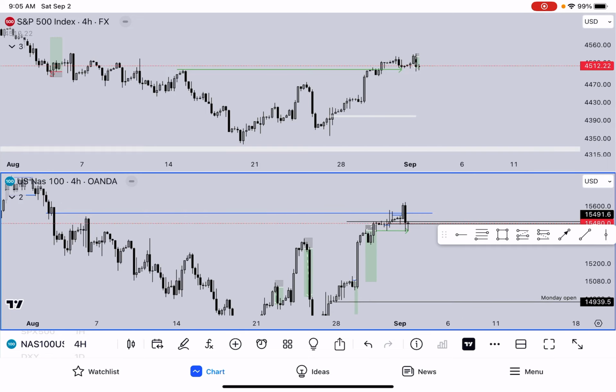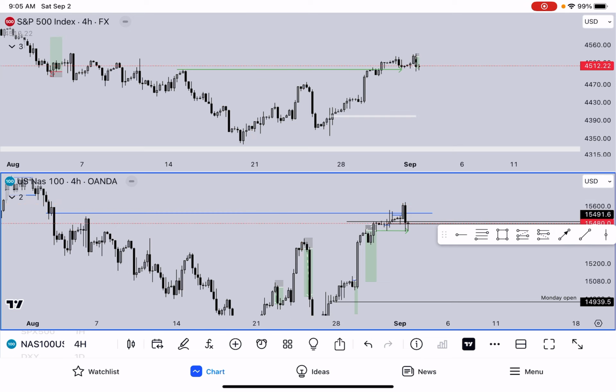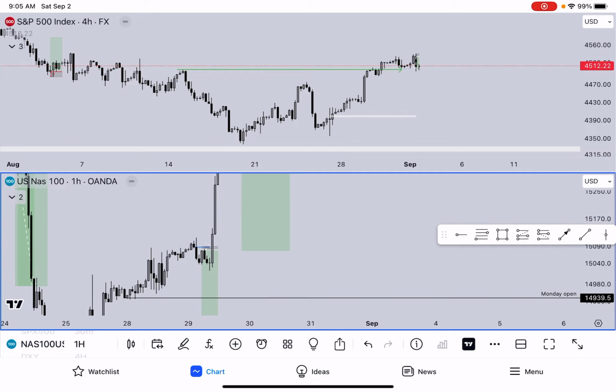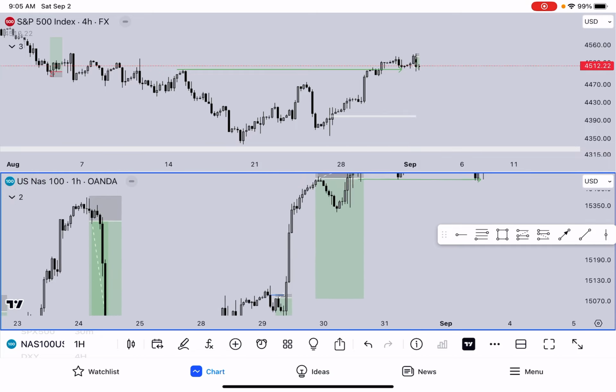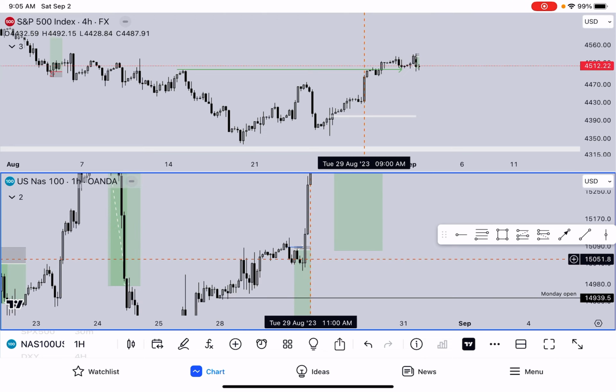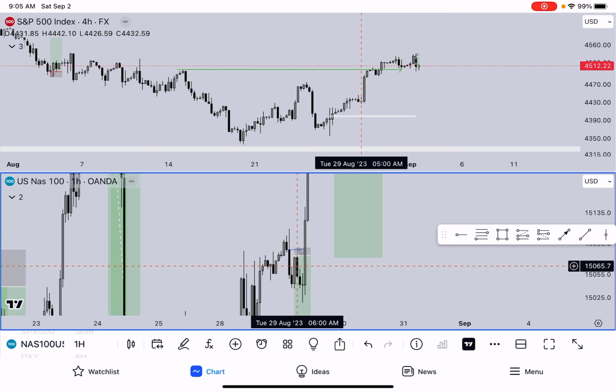So we see this 4 hour order block on the NASDAQ. I've been trading NASDAQ pretty frequent compared to the S&P. So I took 2 trades this past week. So this one here on Tuesday, I seen this order block, market rejected, and kind of respected the order block in terms of close.